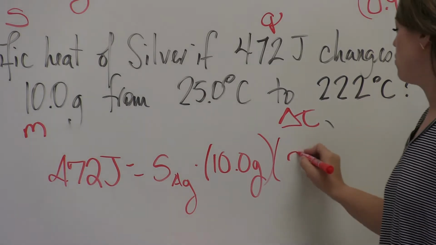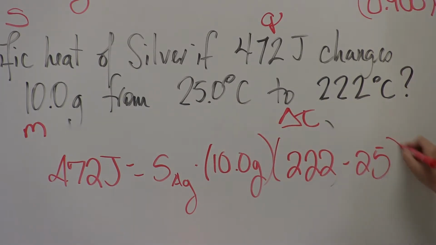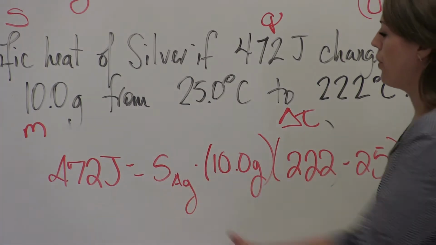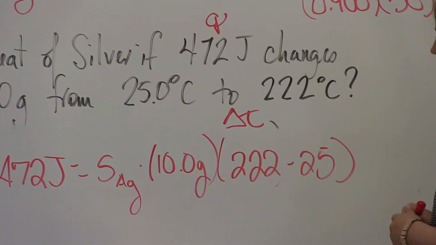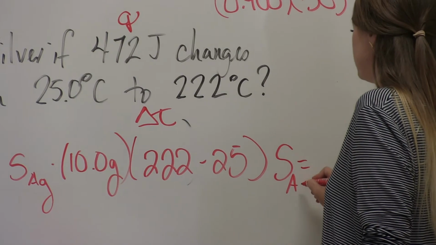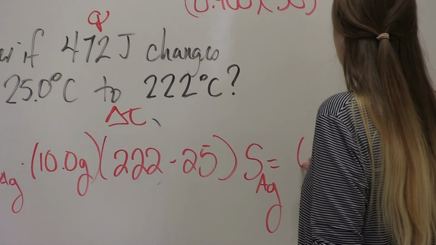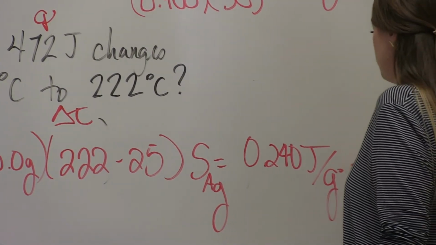My final is 222 and my initial is 25. To get S by itself, we take 472 and divide by these two multiplied together. If you punch all of this into your calculator, you get that the specific heat of silver is equal to 0.240 joules divided by grams degrees Celsius.